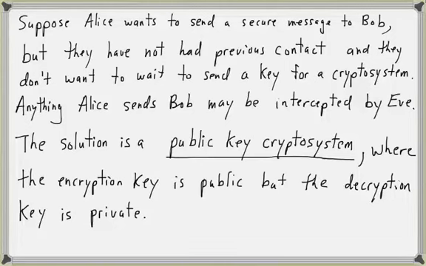So in this system, Bob could publish his public key, so that anyone could encrypt a message and send it to him, and then Bob would keep the decryption key private, and so he's the only one who can decrypt the messages. The concept of a public key crypto system was first made known to the public by a paper written by two researchers, Diffie and Hellman, in 1976.